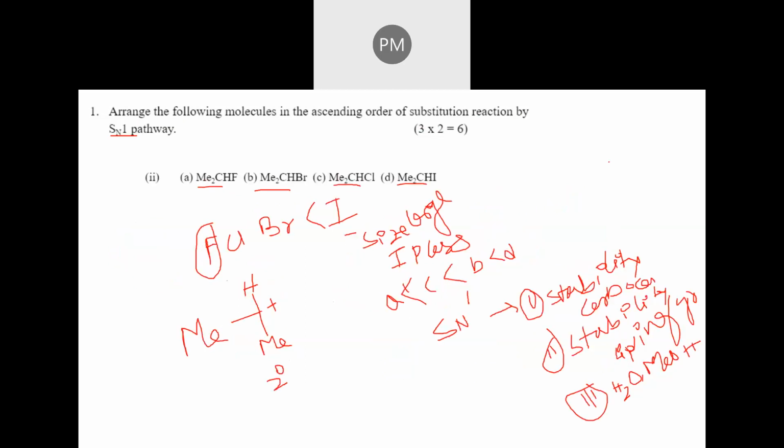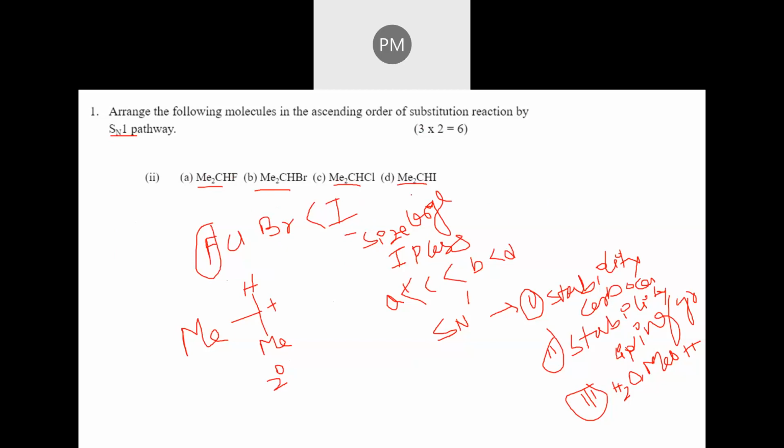So now the next problem. For the SN1 pathway, you have to remember the stability of the carbocation, and also the leaving group stability. If the leaving group is much more stable, then that will favor the SN1 pathway more.